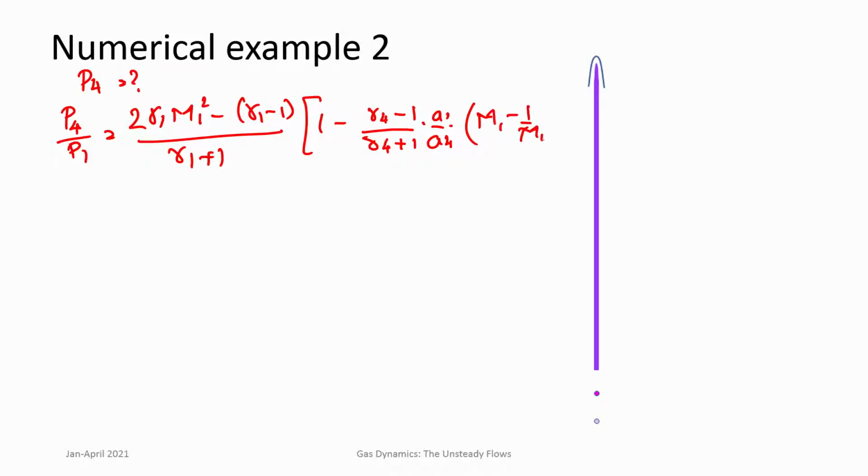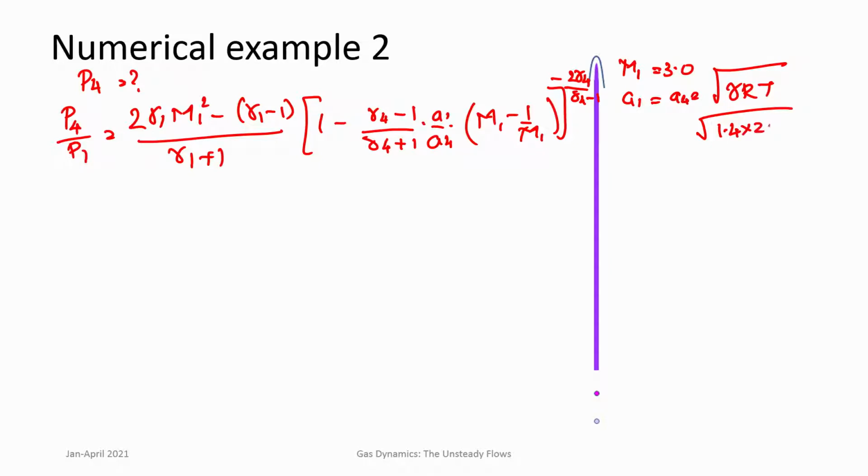So, in this formula, we know M1 is Mach 3, so M1 is 3, and a1 by a4 both are equal, a1 equal to a4 equal to square root of gamma R T, which is 1.4 multiplied by 287 multiplied by 300.